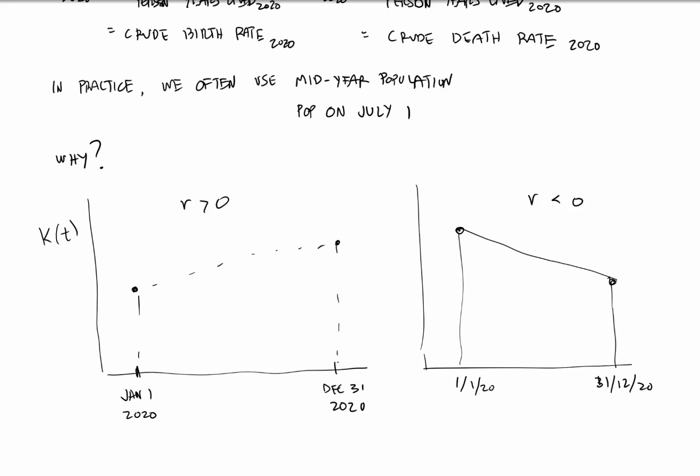And what is the number of person years lived? We saw how we could do that when we looked at the Lexis diagram. That's going to be the area under this population curve. So it's going to be this entire area under here.